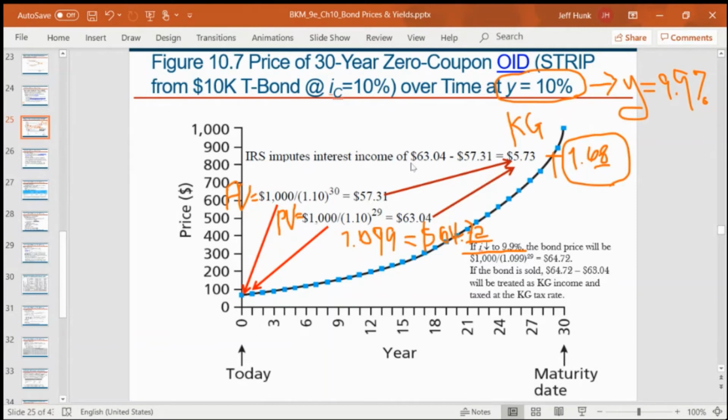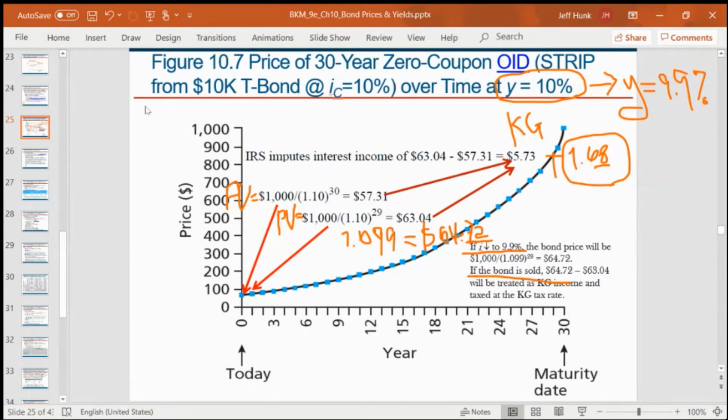I mean, if you sell, the capital gain will be 5.73 plus $1.68, and the total will be your capital gains if you sell. But if you don't sell... I'm sorry.